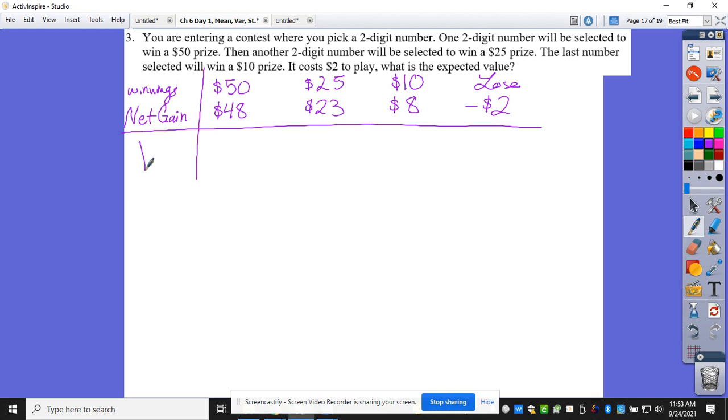How many people are going to win $100 or win $50? How many people are going to win 25? How many people are going to win 10? How many people are going to lose?